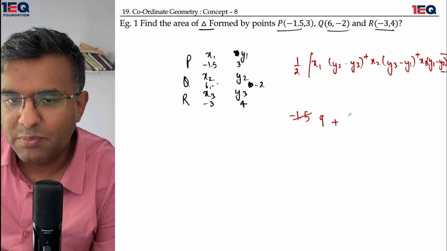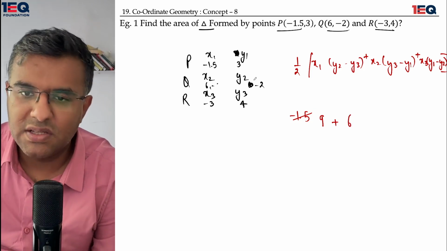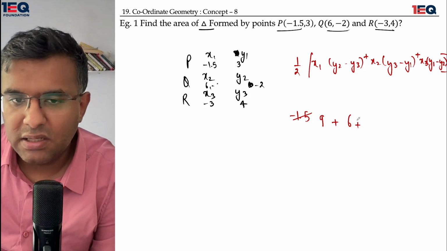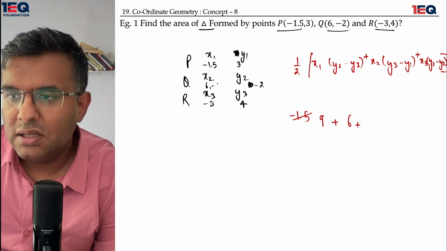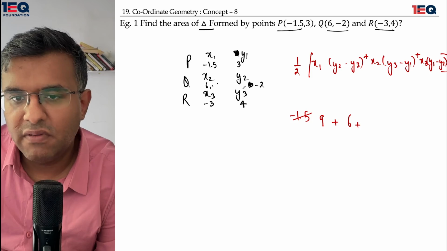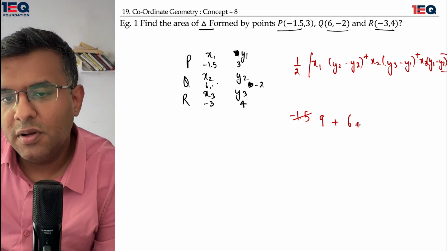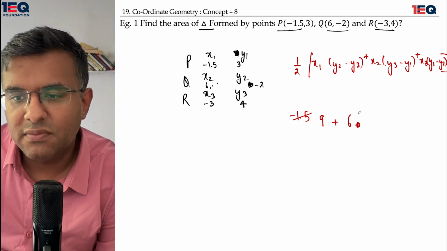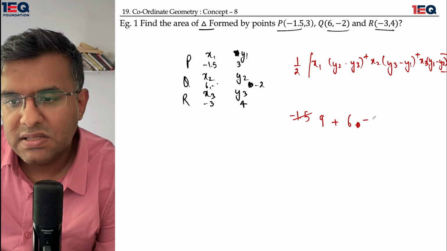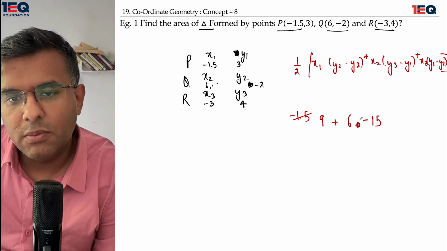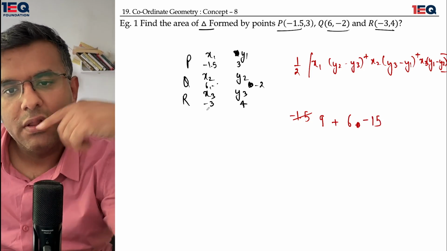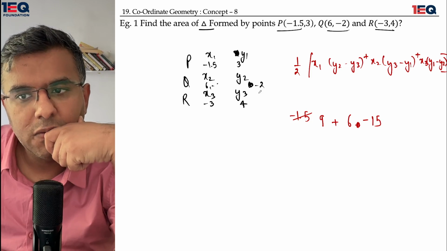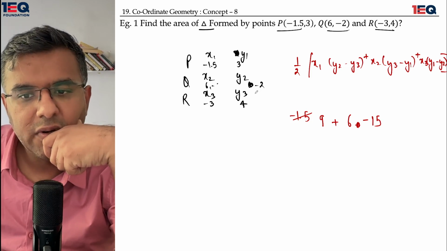So this is going to be simply a 6, because y3 minus y1 is 1, plus x3 being minus 3 in nature, and minus 3 with (y1 minus y2). This would become a 5, and it would become a minus 15, if I'm not wrong. Yeah, this has come out to be minus 15.